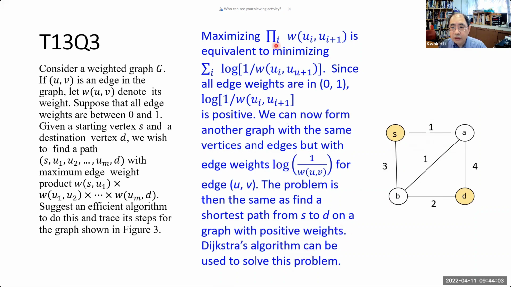Maximizing this one is equivalent to minimizing that one here. So we can transform it like that, and once we transform that, we can use Dijkstra's algorithm to find the shortest path.